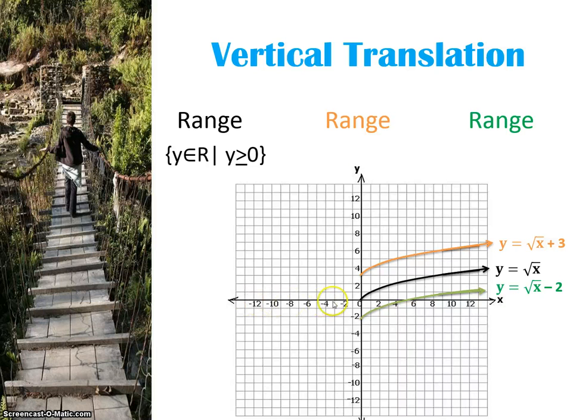The range: this graph has a height of 0 as its minimum, and then goes up and up forever. So y has to be greater than or equal to 0. For the orange, you didn't start at 0, you've now started at 3, so y has to be greater than or equal to 3. And for the green, it has to be greater than or equal to -2, because that's where it started.